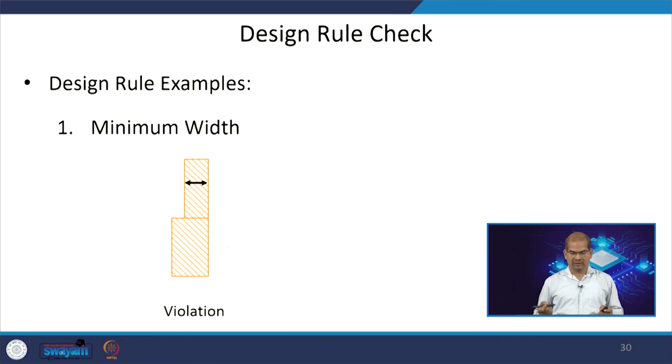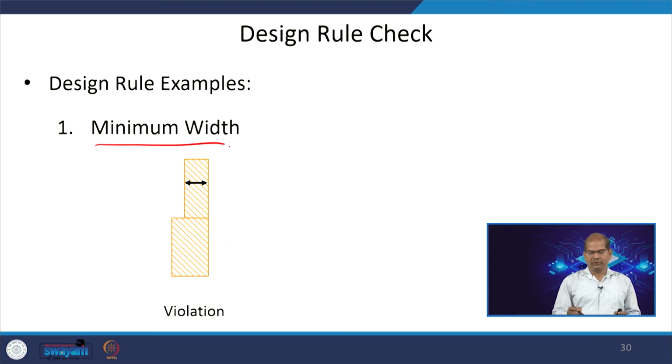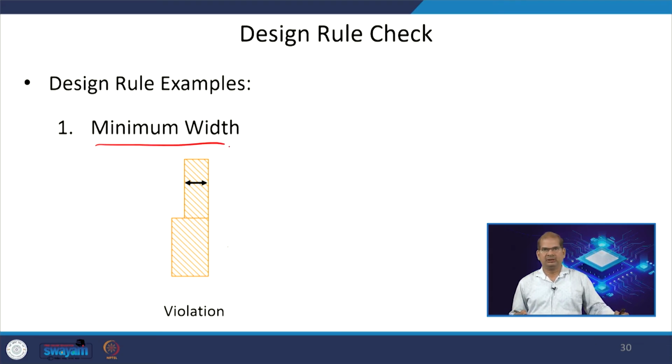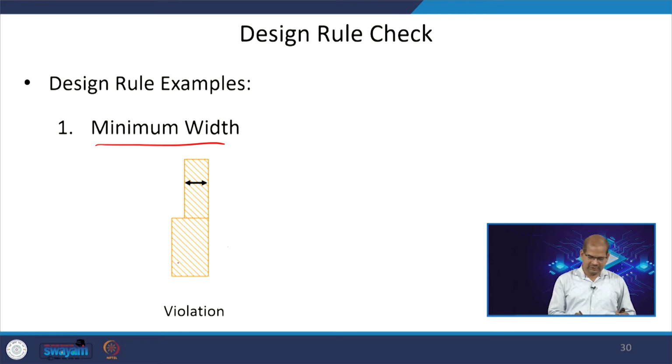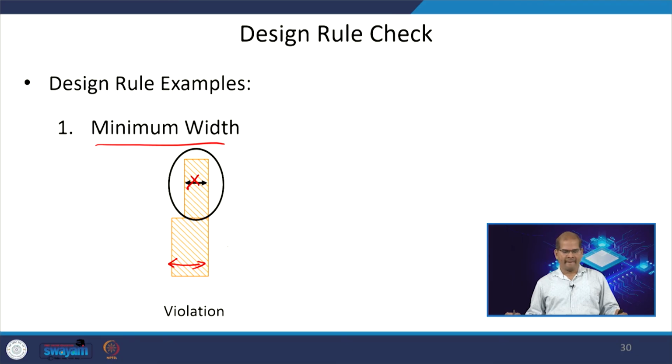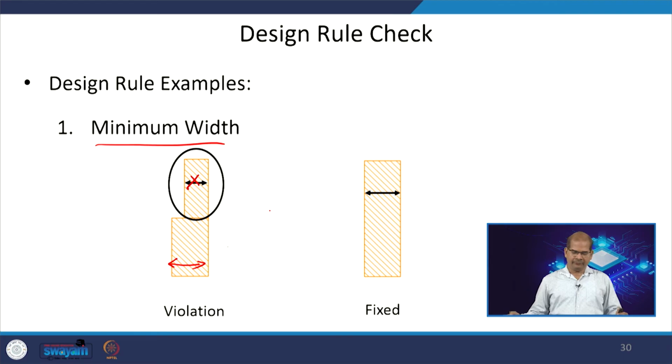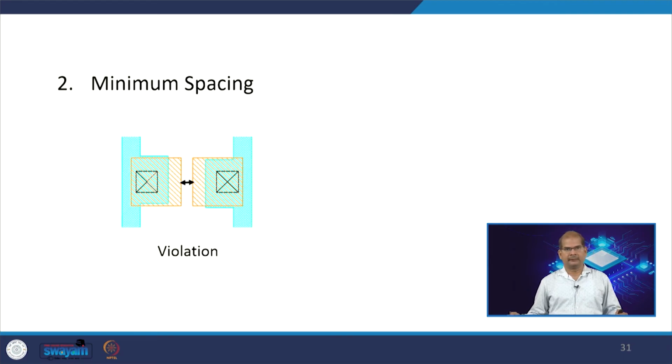For example, let us say I have a minimum width defined in a technology DRC rule. Let us say this one is satisfied, however, this is not satisfied, this is not correct. So, then it will create a DRC violation in this area. Then you need to increase the metal to satisfy that violation.